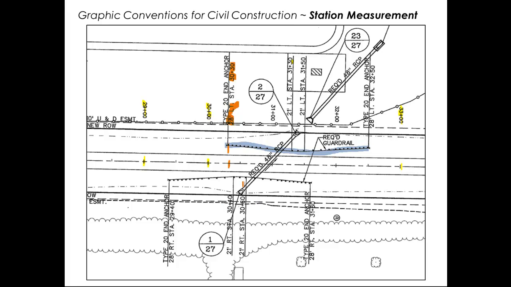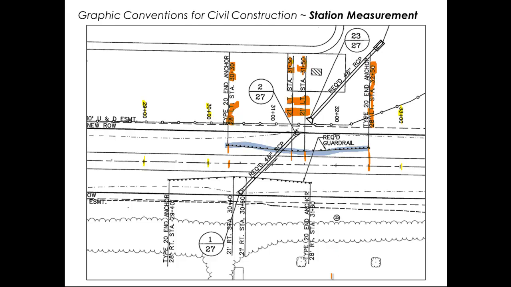See that? Then this guardrail tapers closer to the road, and right here it's very close to the road. We can see from these offsets it's 21 feet to the left of the road, and the first point occurs at 31 plus 30. Then at 31 plus 50 it starts to taper back, and at 32 plus 50 we're fully back to 28 feet left of the center line.